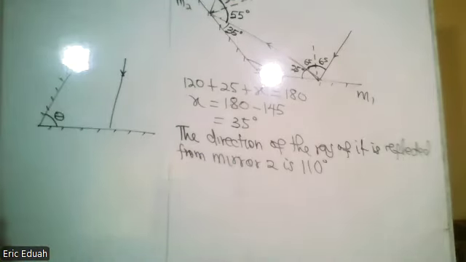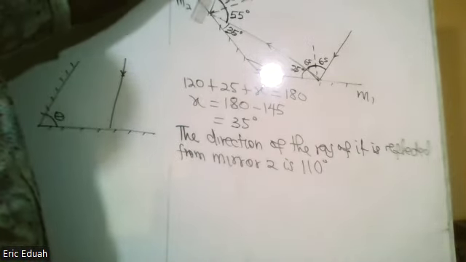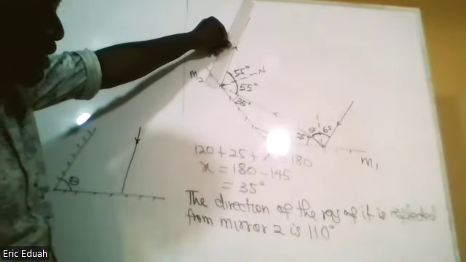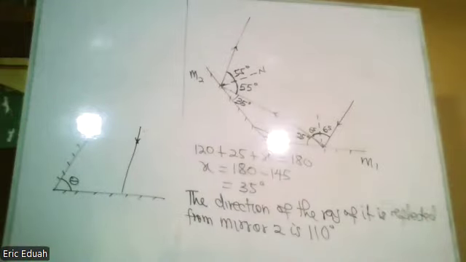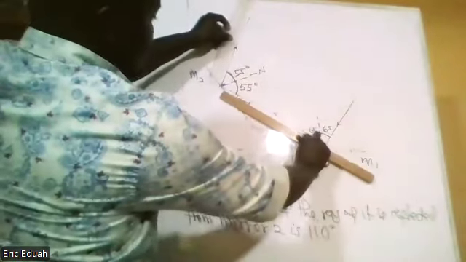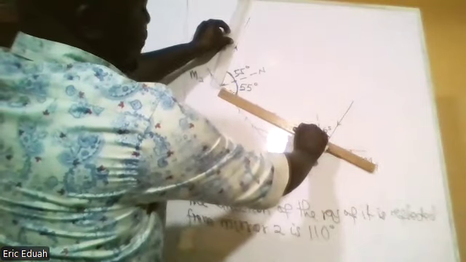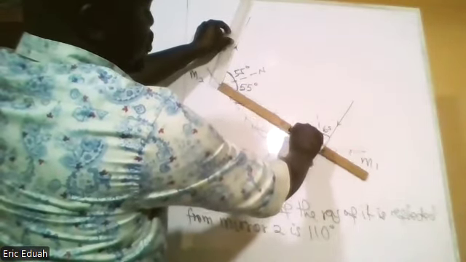Basically, we are looking for the direction of this. Where is it coming from? It is coming from mirror 1 and then reflected.